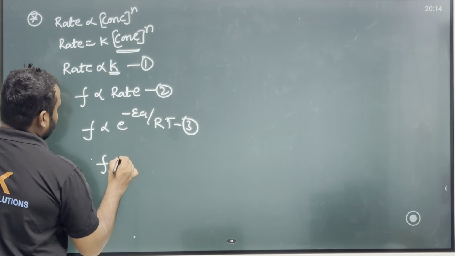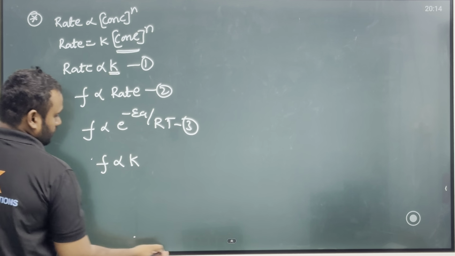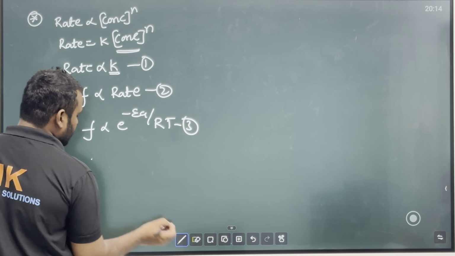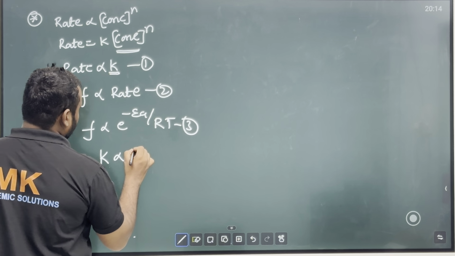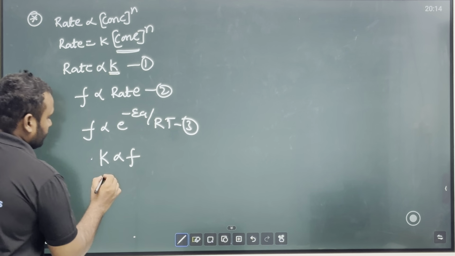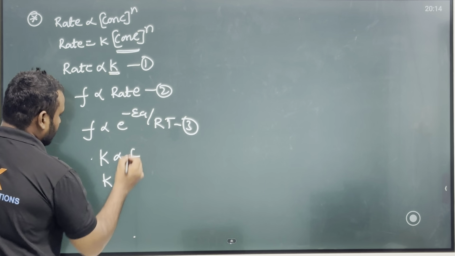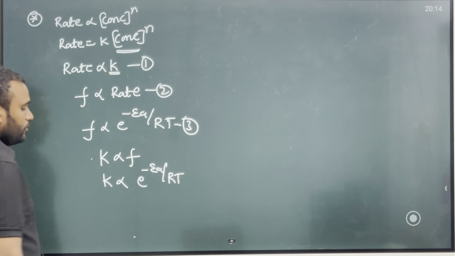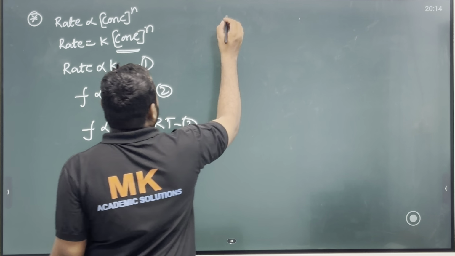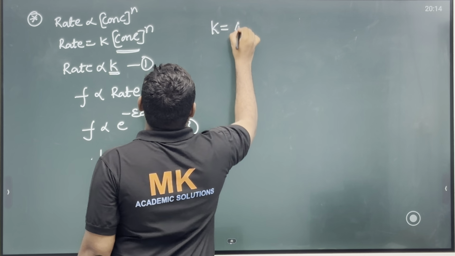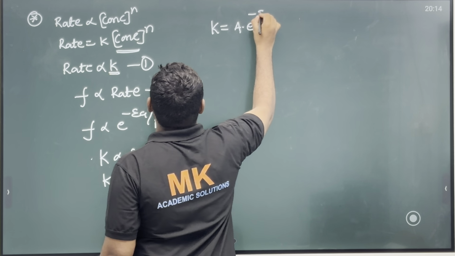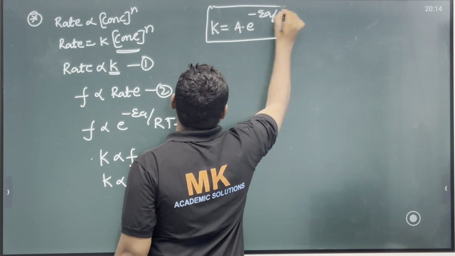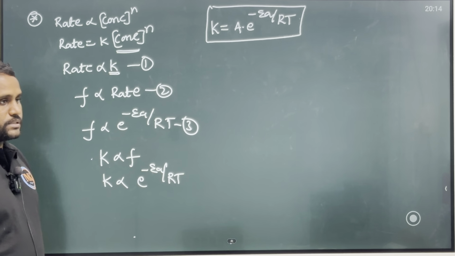F is directly proportional to K, or simply K is directly proportional to F. So here, instead of F, what we can write is e to the power of minus Ea by RT, or simply K is equal to A into e to the power of minus Ea by RT. So this is known as the Arrhenius relation.